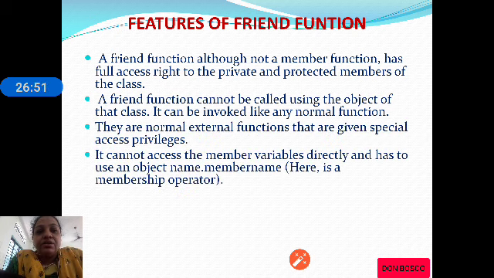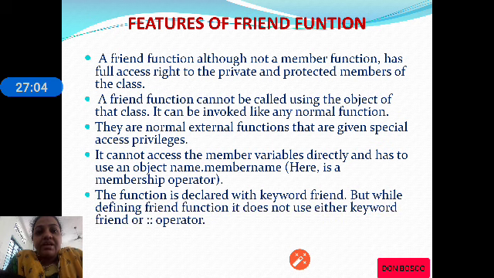They are normal external functions with some special privilege. It cannot access the members directly, but has to use the object reference. The friend function is declared with the keyword friend, but while defining we do not use the scope resolution operator or the friend keyword.